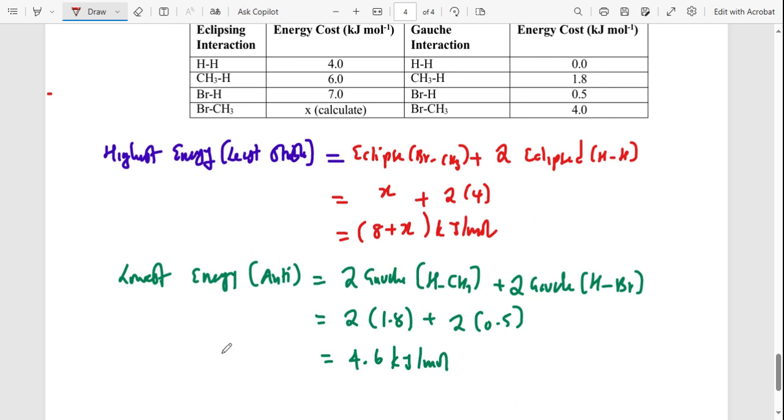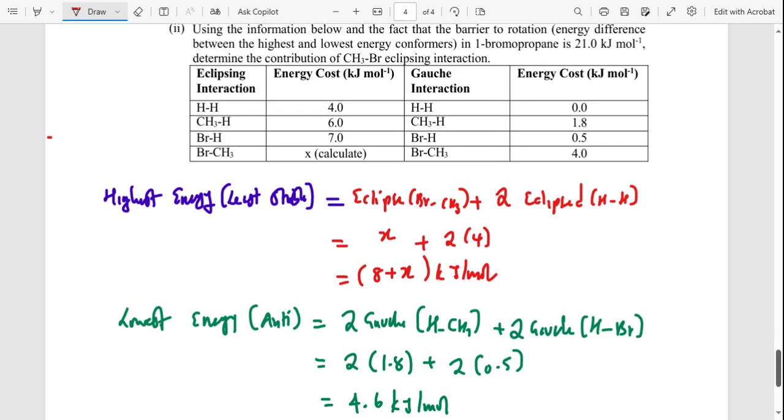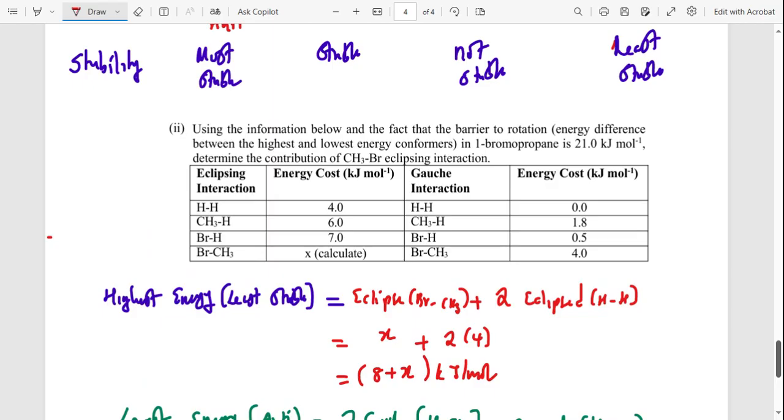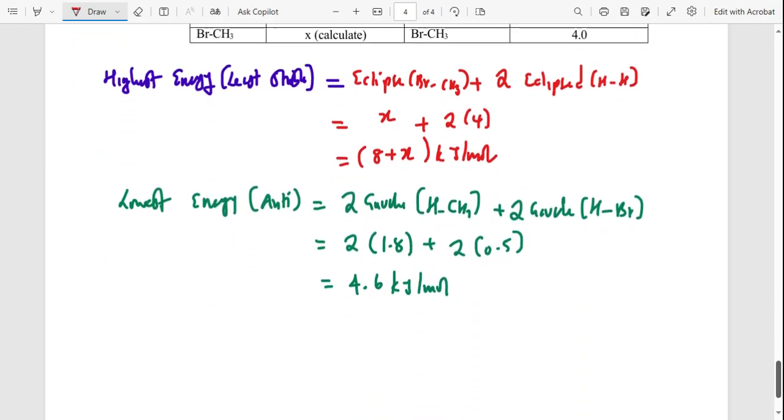So we'll then say, using the information and the fact that the barrier to rotation is the energy difference between the highest and the lowest, they've even given you that.